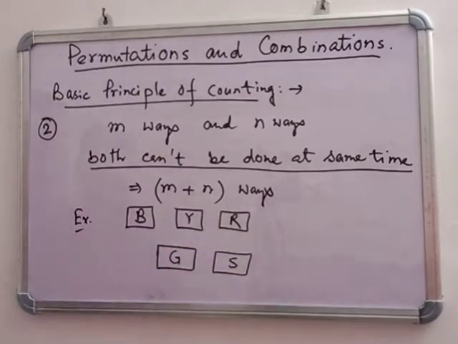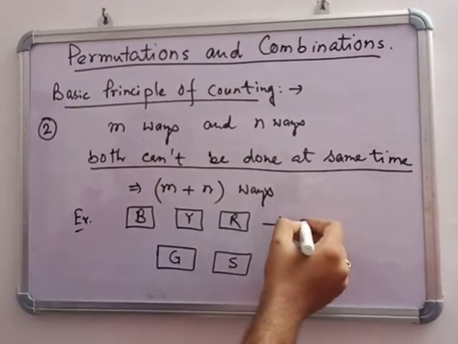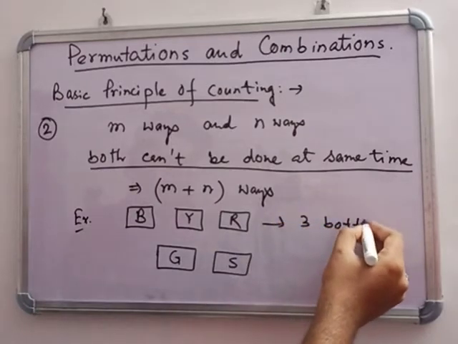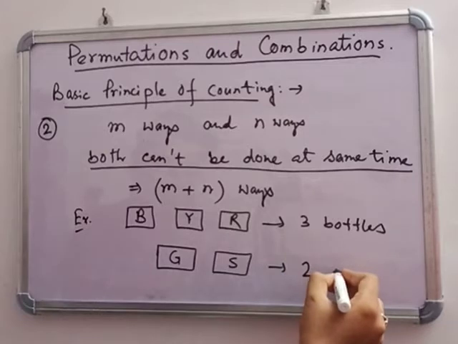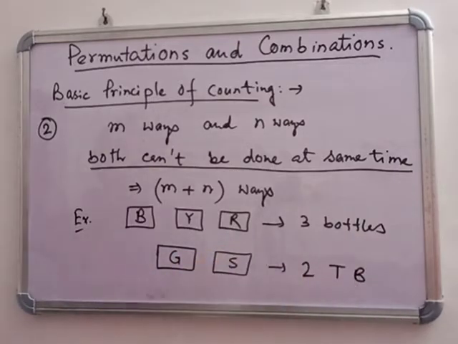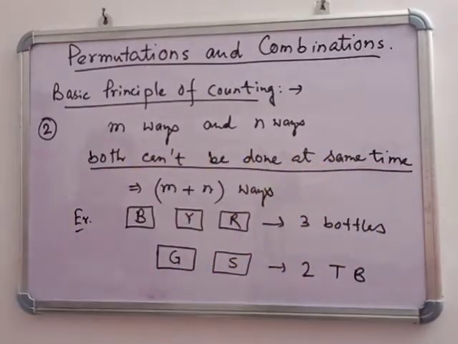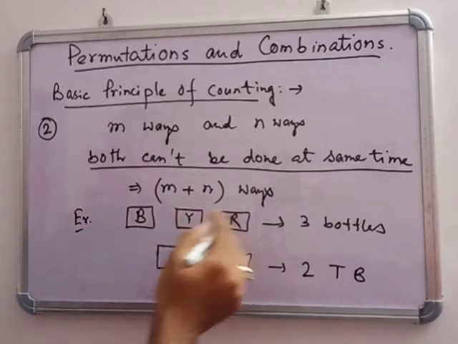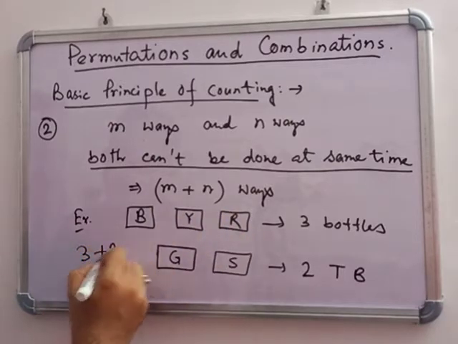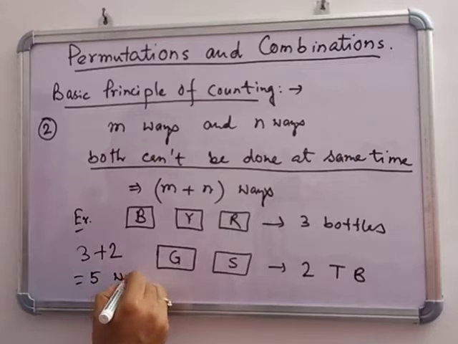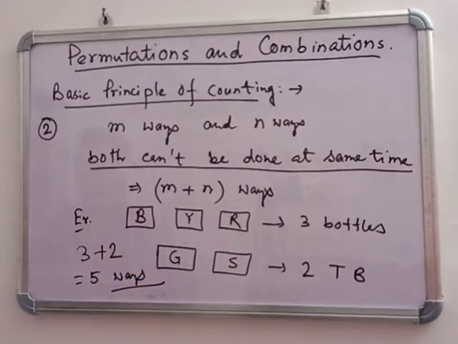So you have 5 things in your hand, that means 3 bottles and 2 tiffin boxes. Now you have to choose any one from them. That means you cannot take both at the same time. So you can take from one group, that means 3 plus 2, that is 5 ways.